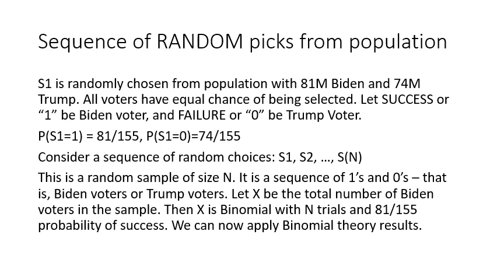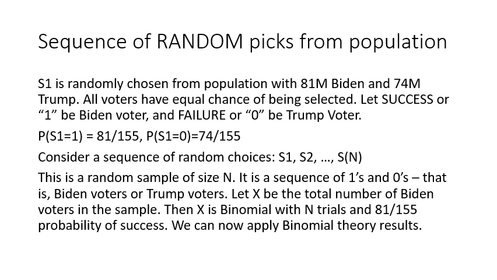Now we consider a sequence of random choices. We pick the first sample at random and the second one, and so on until n is chosen. n is like 1,000 or 3,000 or whatever the size of sample we want to choose. Then this is the random sample of size n. It is a sequence of ones and zeros. 1 represents a Biden voter and 0 represents a Trump voter.